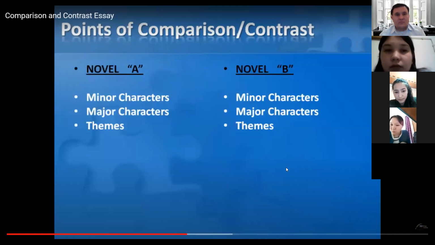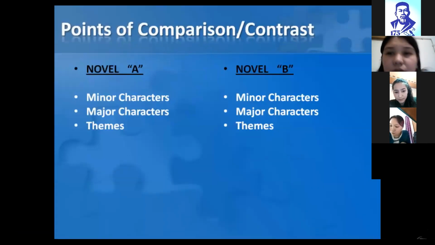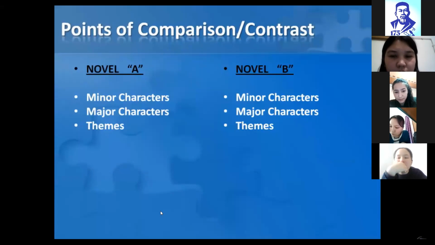Okay, now let's take a look at how you might begin to structure. Comparison and contrast essays can get a little off track, especially if you do not organize them properly on the front end. Let me show you what I mean by this.